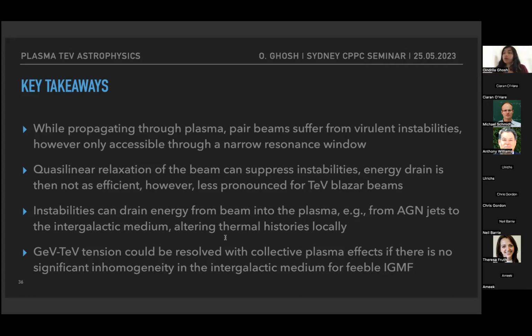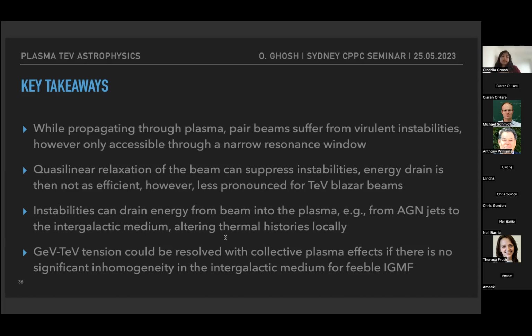However, the beams will continue to broaden in momentum space as a direct consequence of these instabilities. And therefore, this would lead to a quasi-linear relaxation of the beam, which once again would reduce the growth rate.